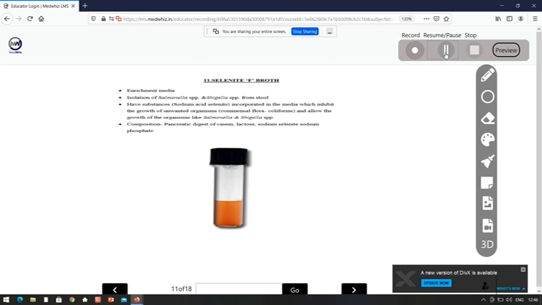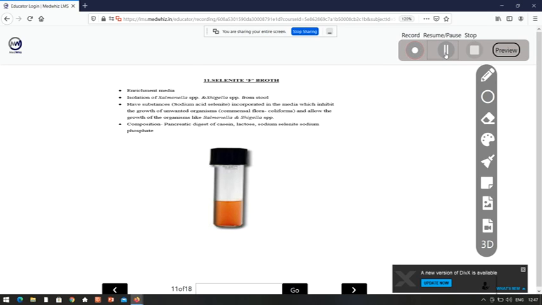So we have selenite F broth. It is an enriched medium. It is used for isolation of Salmonella and Shigella species from stool samples. They have substances like sodium selenite incorporated in the media, which inhibit the growth of unwanted coliforms or commensal flora in the feces, and thereby it allows only the growth of organisms like Salmonella and Shigella species.